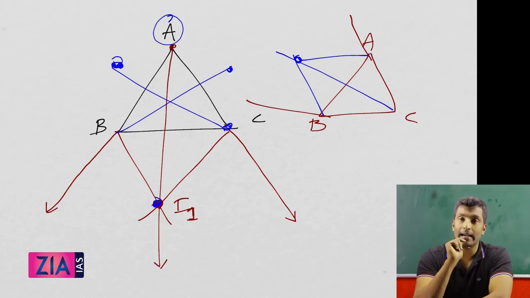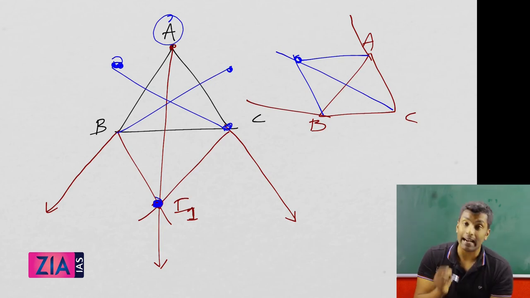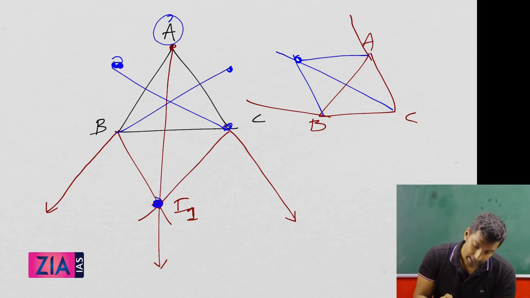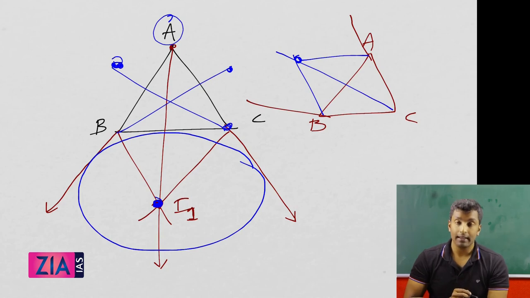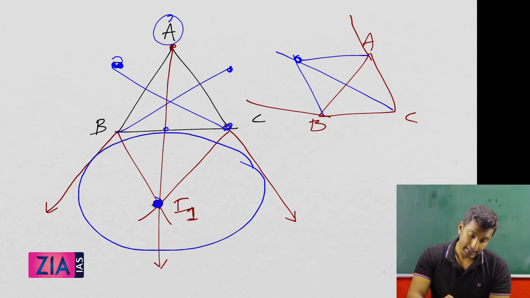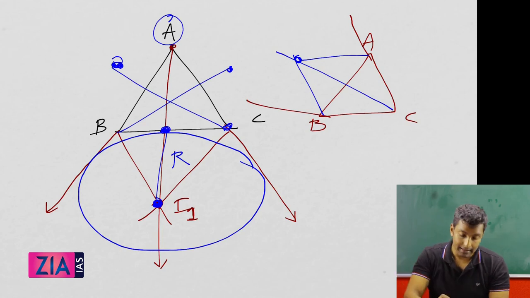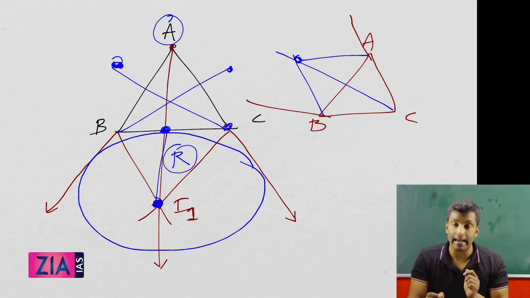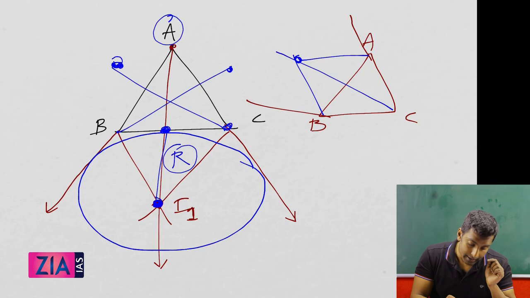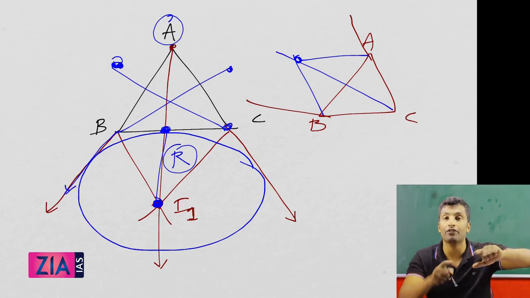Now one more understanding, that is this Excenter is the center of a circle which I can draw like this. A circle which is touching this side of the triangle, and this being the radius, and we call this circle the Excircle, and this radius the Exradius. It is also touching the produced sides of the other two.